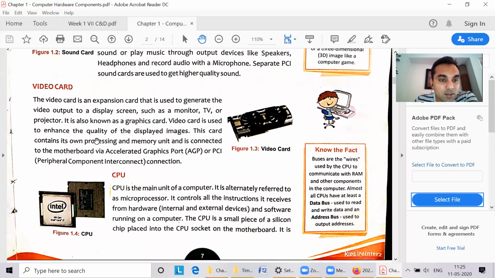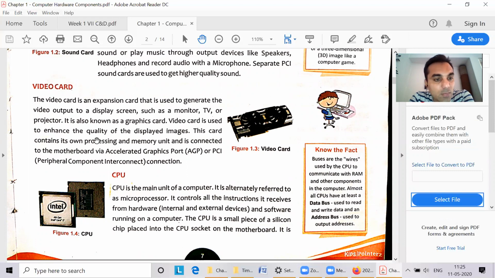The video card is an expansion card that is used to generate the video output to a display screen, such as a monitor, TV, or projector. We can see the stuff on our monitor because of the video card. It is also known as a graphics card. The video card is used to enhance the quality of displayed images.